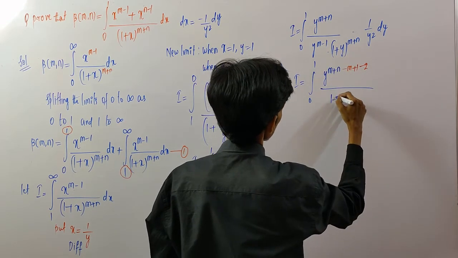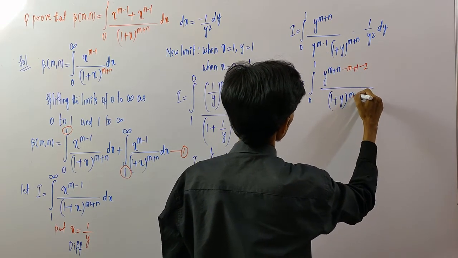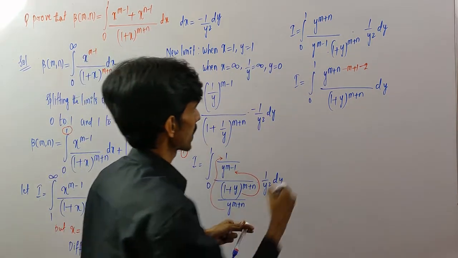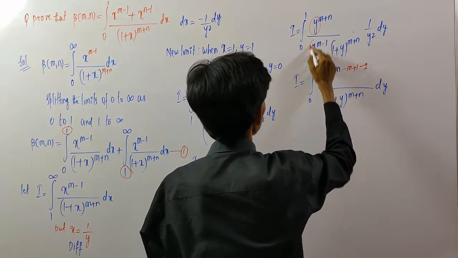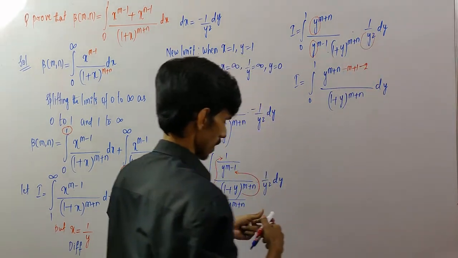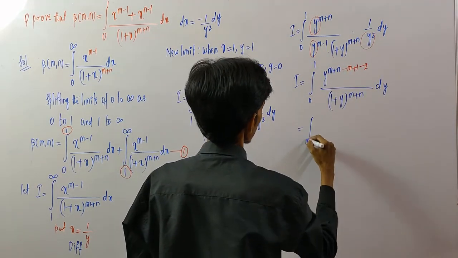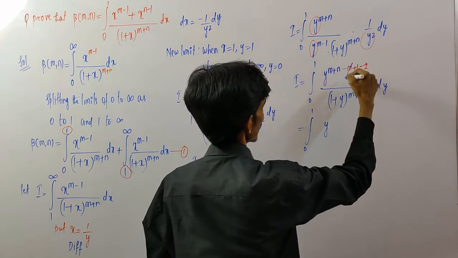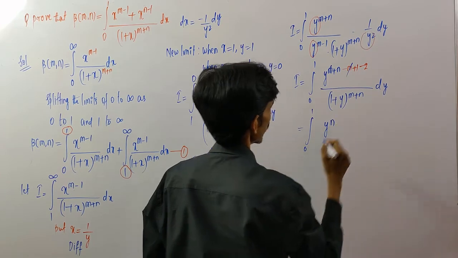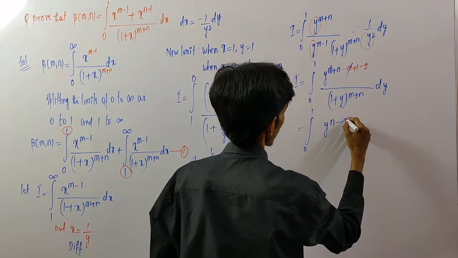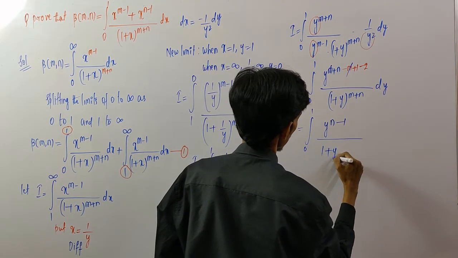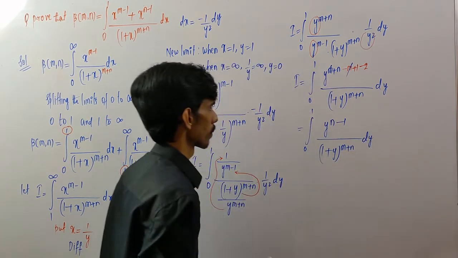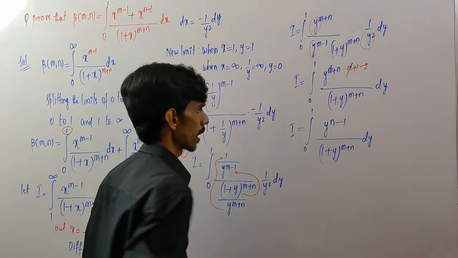We are left with 1 plus y whole power of m plus n dy. The 2 will get cancelled, we have n, 1 minus 2 gives minus 1. So integration 0 to 1 of y power of n minus 1 divided by 1 plus y whole power of m plus n dy. This is the value of integration I.